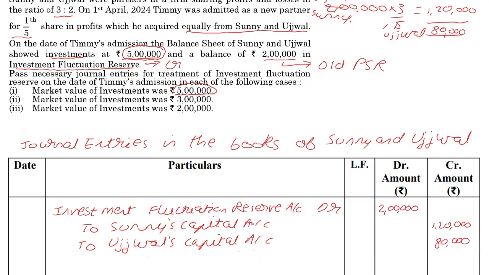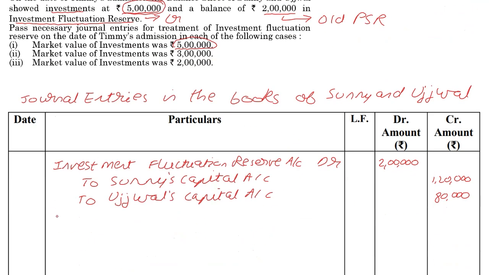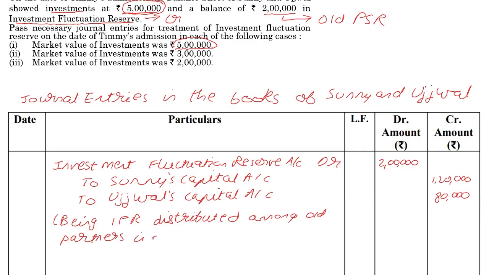Being investment fluctuation reserve distributed among all partners in old profit sharing ratio. Okay, and I'm now going to start using short forms, but in the exam, please use full forms.